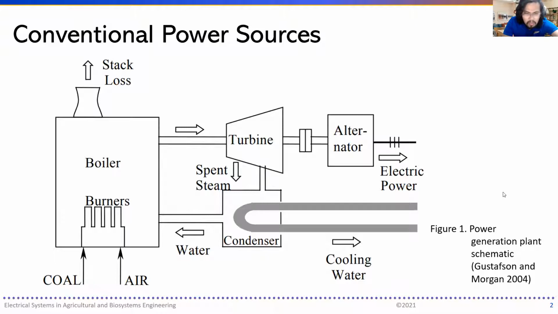Now, as the water is turned into gas, the gaseous vapor is directed towards a turbine. The turbine rotates, and the turbine type varies according to the cycle being used.